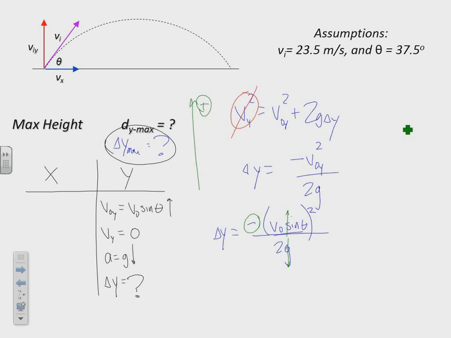All right, we'll get, let's see, v naught is 23.5 times the sine of 37.5 squared divided by, well, let's just call it 20. So delta y, I get 10.2 meters.